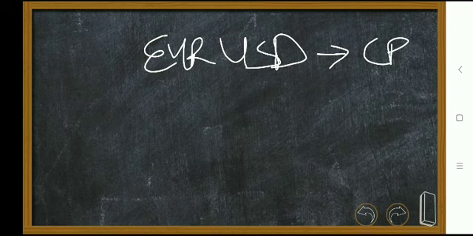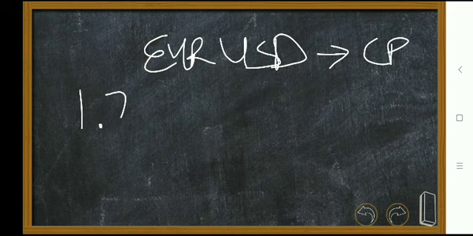So what will happen is that two prices will be formed. There will be two prices for the same currency pair: the selling price and also the buying price. And the buying price is usually higher than the selling price when you are on the other side of the market. So we will have something like this.